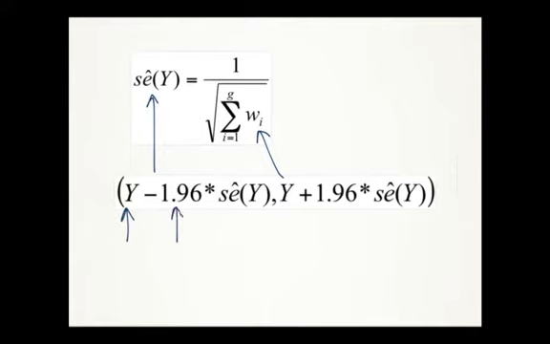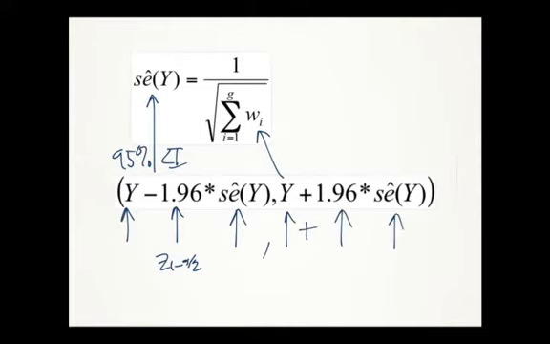Here's our critical value. Remember we usually write z over 1 minus alpha over 2, but we know 1.96 is the critical value for constructing a 95% confidence interval. And then, times the standard error, comma, estimate plus critical value times standard error. So very much a familiar format for the construction of confidence intervals.